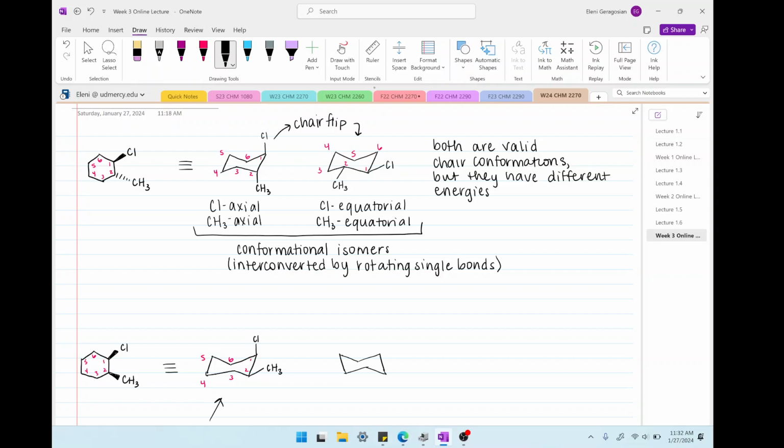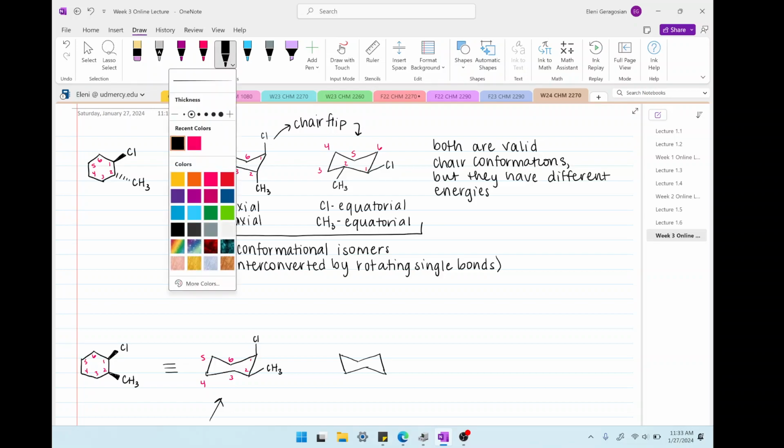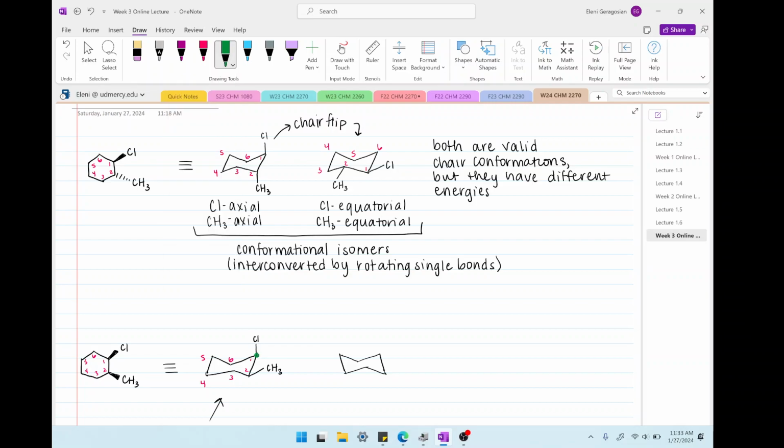And what's happening between these two is you might imagine this top right bond, in this case where the chlorine is, being pulled or twisted, because these are interconverted by rotating single bonds. So these bonds are rotated to where now carbon 1 is lower, so this will be carbon 1 now. Carbon 4 is then twisted up, and that will be carbon 4. So when we renumber, we shift over 1. This will be 1, 2, 3, 4, 5, and 6.